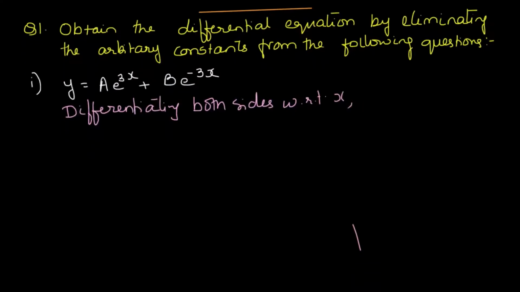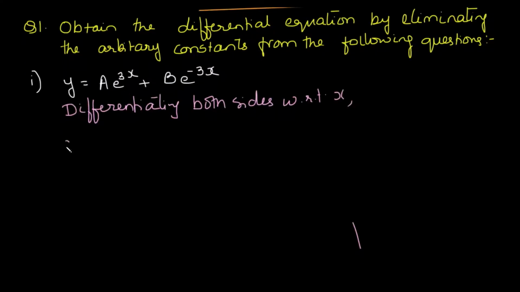Now in this case, we are going to get dy by dx on the LHS is equal to, on the RHS, you know that d/dx of e raised to x is indeed e raised to x itself.